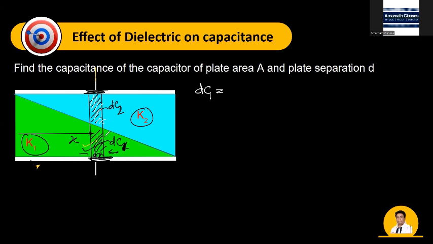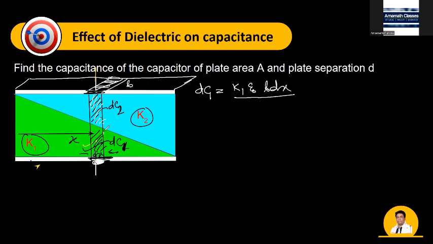So now think of dC1. dC1 is K1 times epsilon naught times area. What is the area of this portion? This we should also understand. Say this is the plate area of the capacitor, the thickness is dx and the breadth is say b. So it is b dx. So K1 epsilon naught b dx divided by the gap.